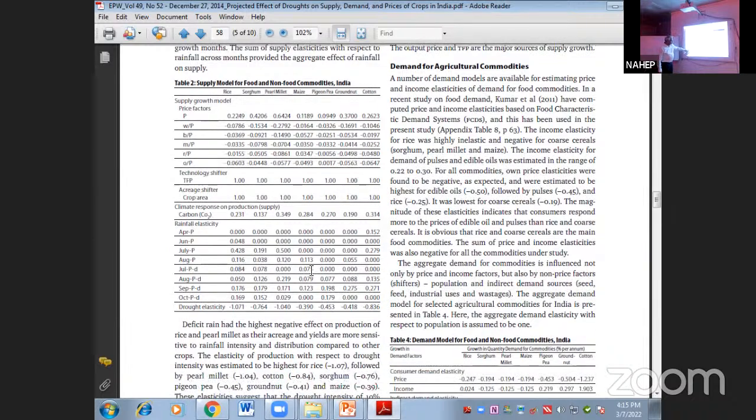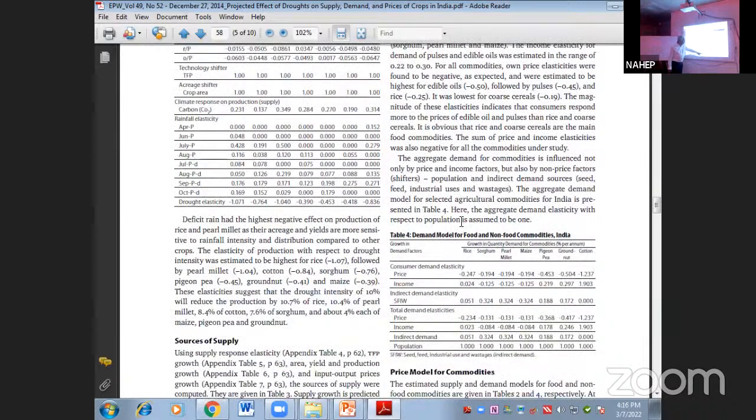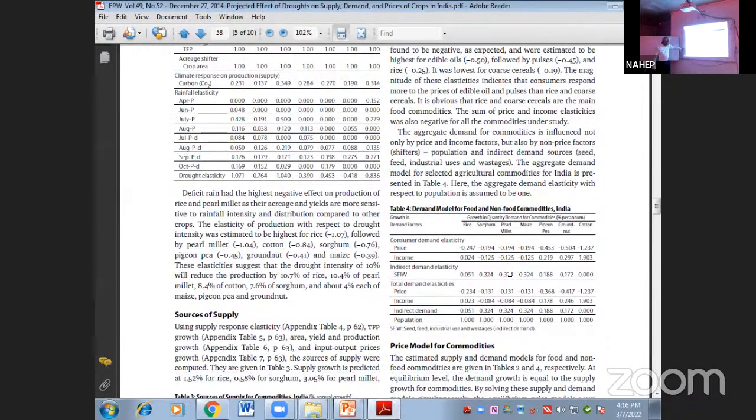Whatever you are learning, demand, supply, price, everything is there. Sources of supply is important here. What are the sources? How can we manipulate them? Price model for commodities, right? You always think about forecasting prices. I think some project is coming where you want to forecast, and that will make use of it.